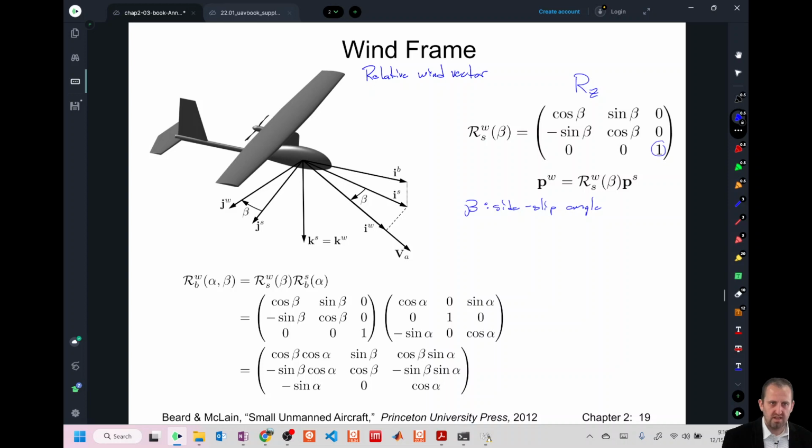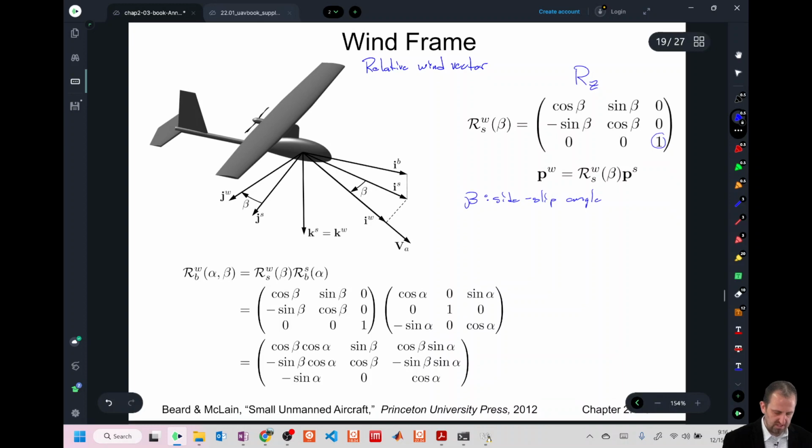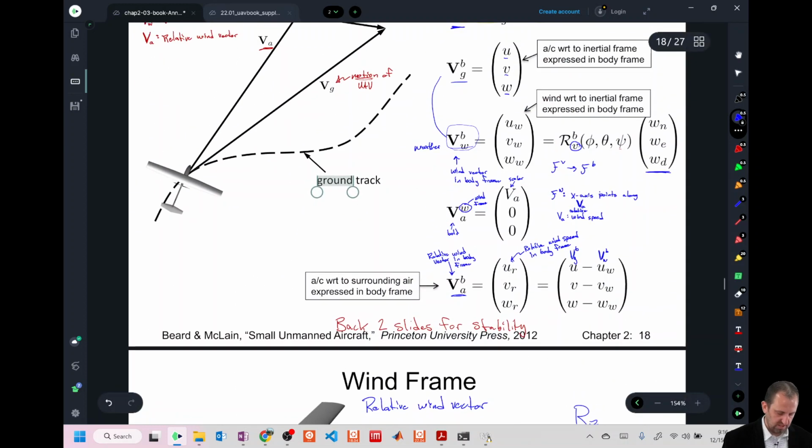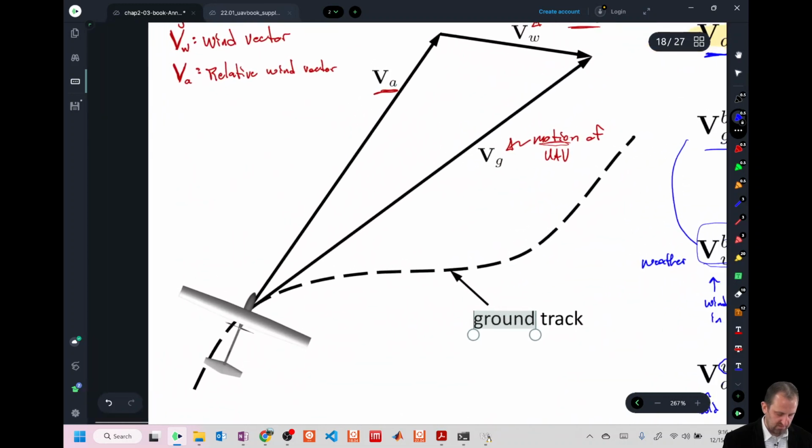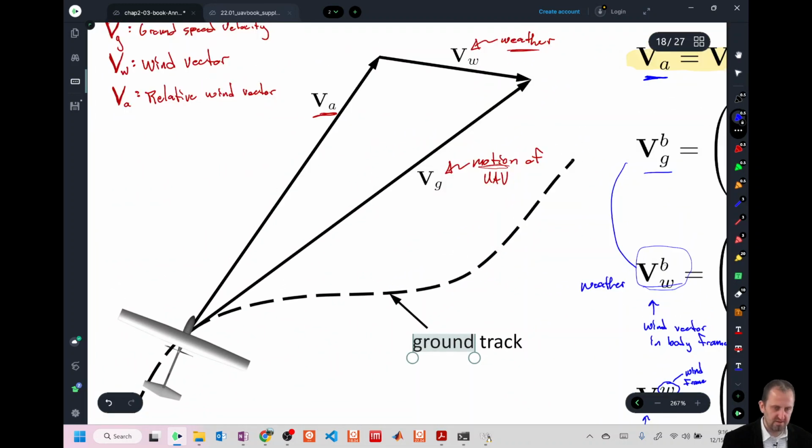So the stability frame and the wind frame share the same z-axis, and we're just rotating about this side slip. It's really easy to look at in terms of this flat, top-down angle.